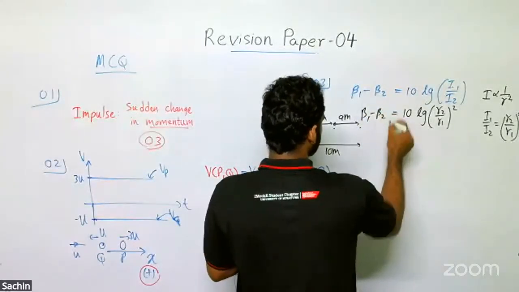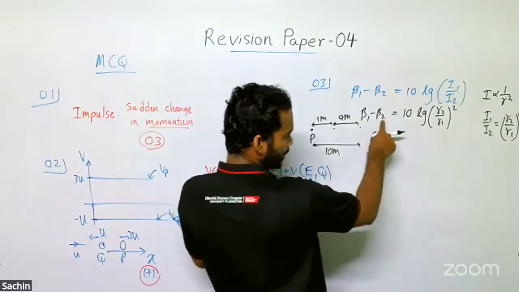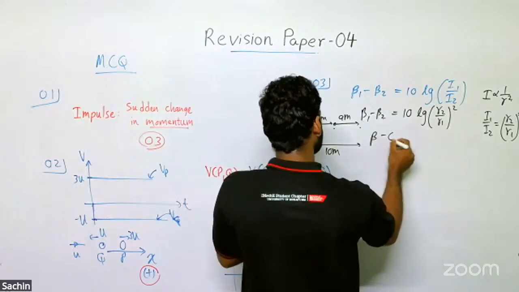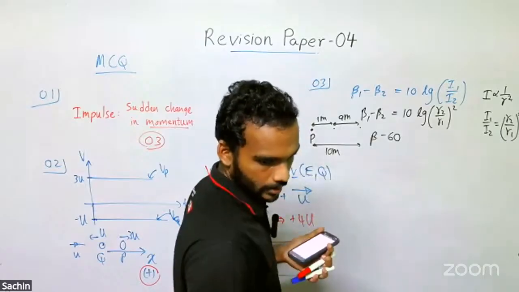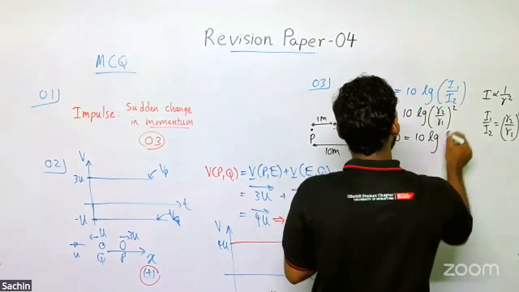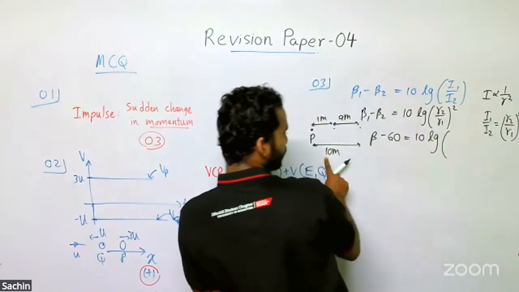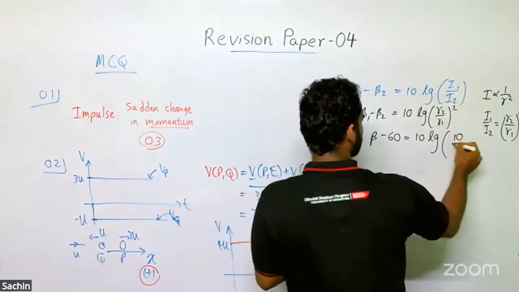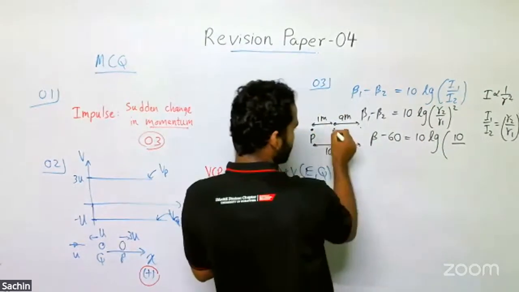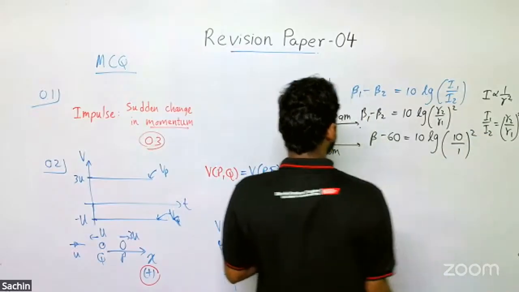Let me write like this. So beta minus, I'm taking instance 2 as the initial instance. Initially the intensity level was measured 60. It is mentioned. So beta minus 60 should be equal to 10 log R2, the final total distance is 10, and r1 is the initial distance, that is 1 meter squared.